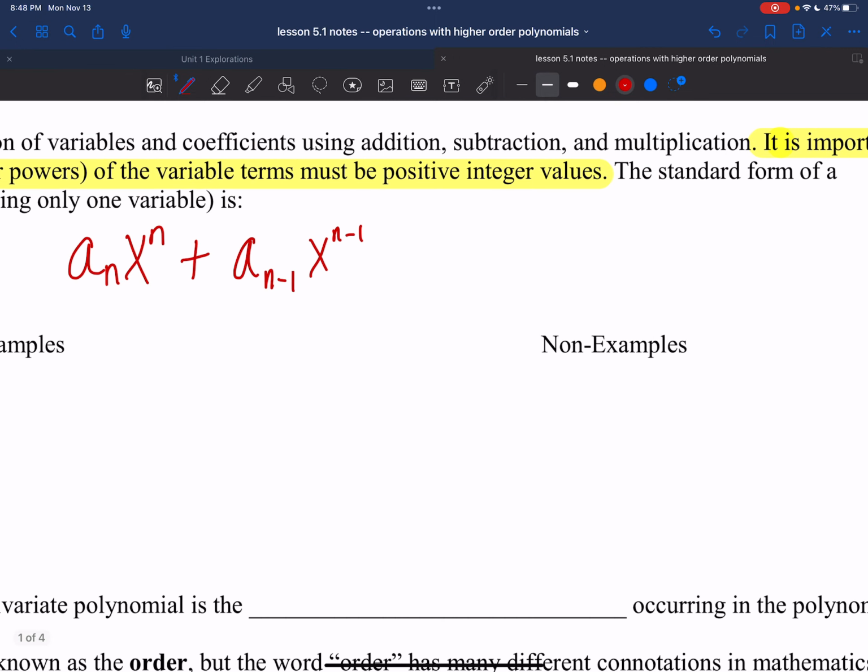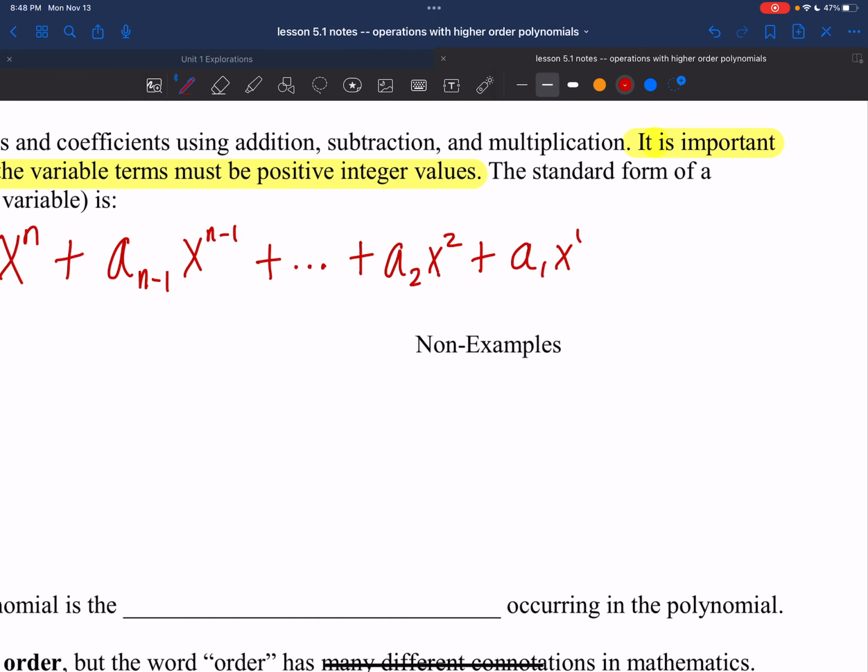And we're just going to write the powers in decreasing order, dot, dot, dot, all the way down until you hit 0. So you say a sub 2 on x squared plus a sub 1 on x, which, if you think about it, is x to the 1, but we don't really need to write the 1, plus a sub 0, or a naught.